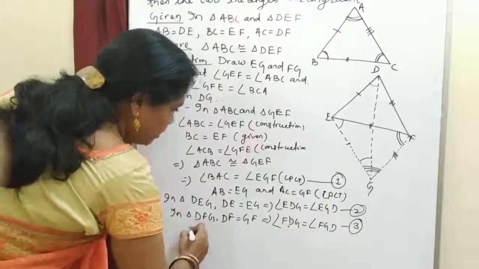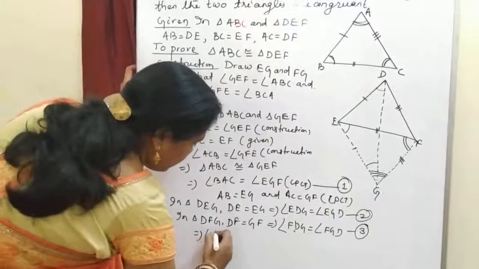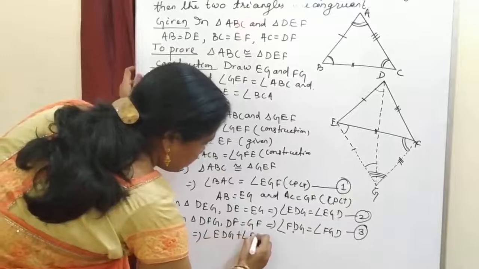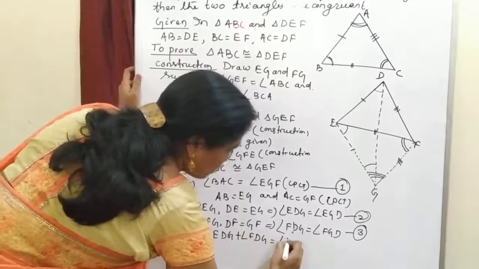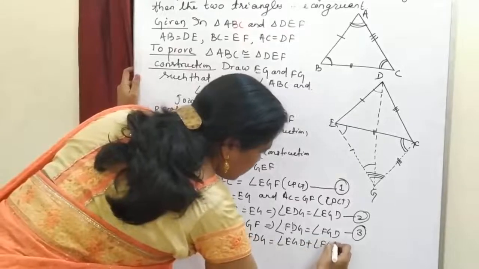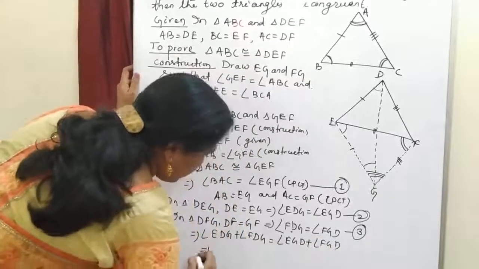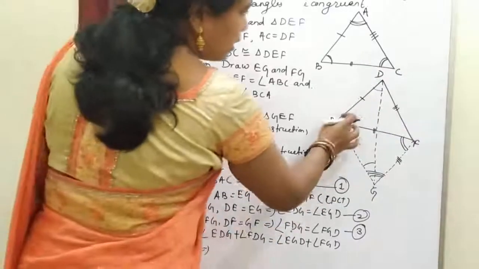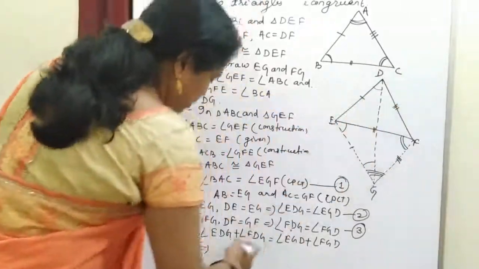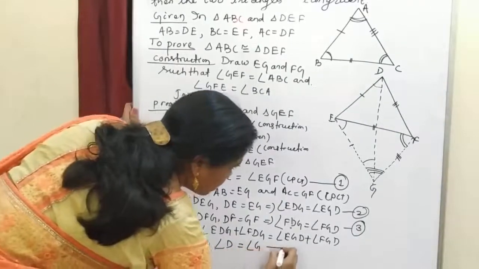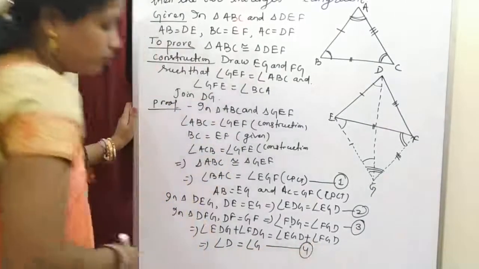So this implies angle EDG plus angle FDG is equal to angle EGD plus angle FGD. So EDG plus FDG, that is angle D, will be equal to angle G. So this is our equation 4.